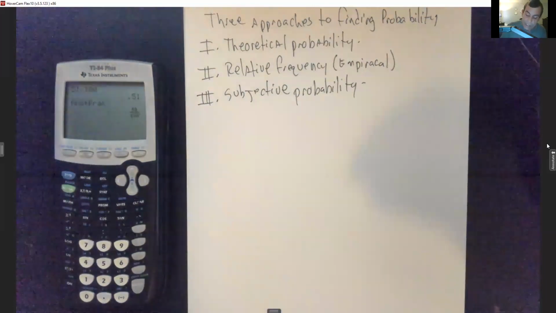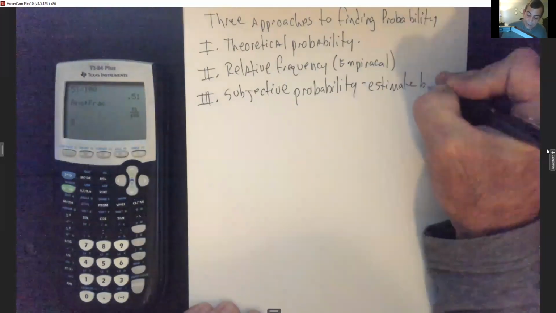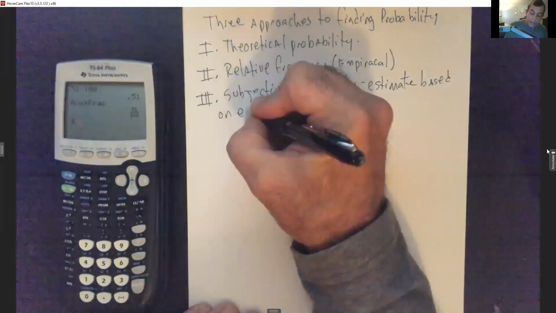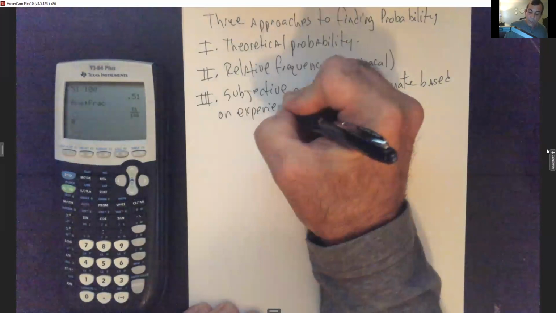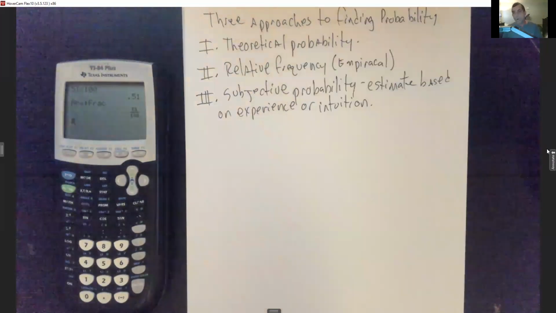So say in the past you did this experiment and you came out with a 1 out of 2 chance of getting 1 tail and 1 head.